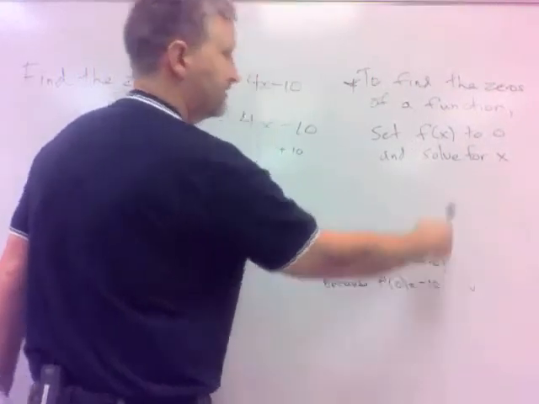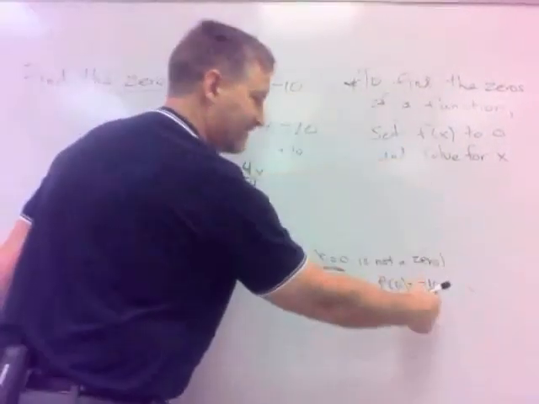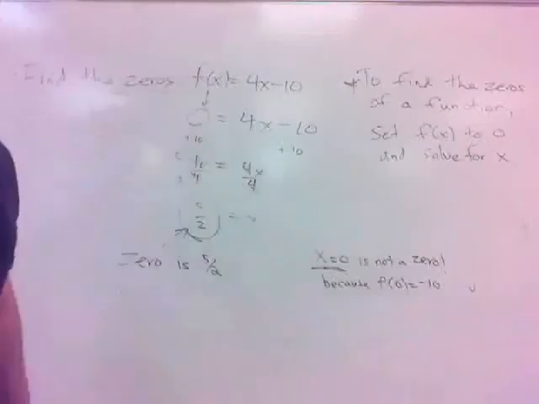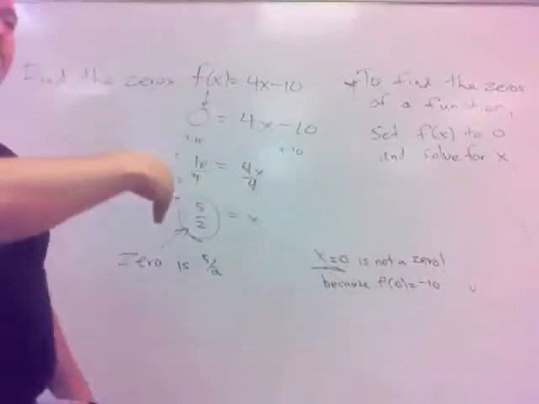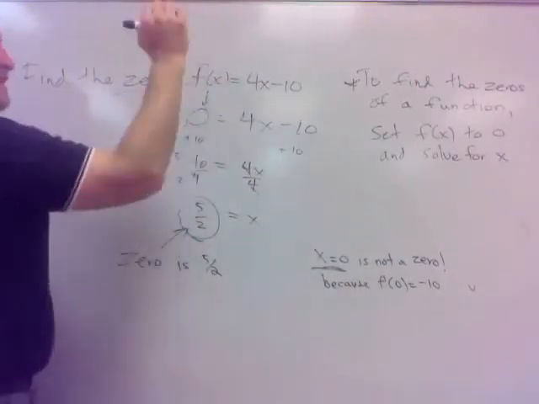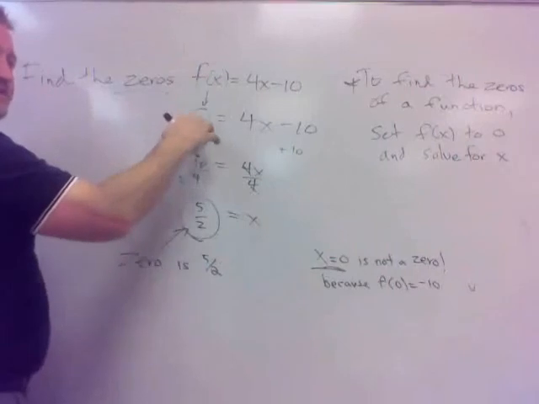And that is not a 0, is it? Negative 10, f of x is negative 10. That's not a 0. Now, sometimes when you plug in 0, you get 0, and that would be a different case. But, yeah. When you're finding the zeros, it's f of x equals 0, not the x is 0.